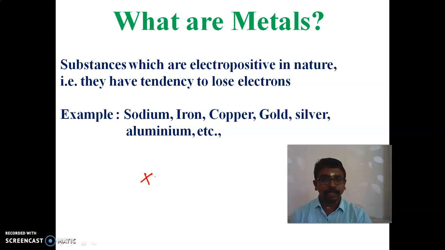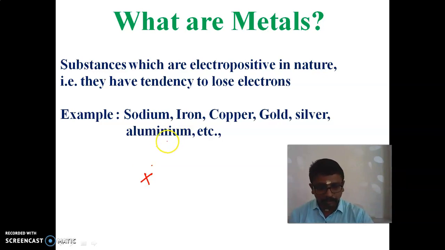They have a tendency to lose electrons. The metals are electropositive in nature, which means they have a positive charge, and they have the tendency to lose electrons.